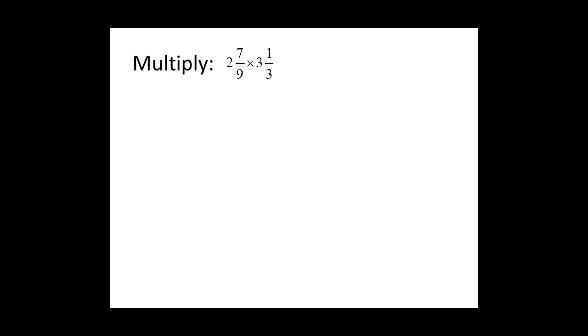Before we multiply, we need to change to improper fractions. We take the whole number times the denominator plus the numerator over the same denominator.